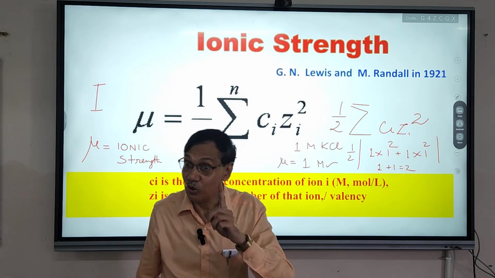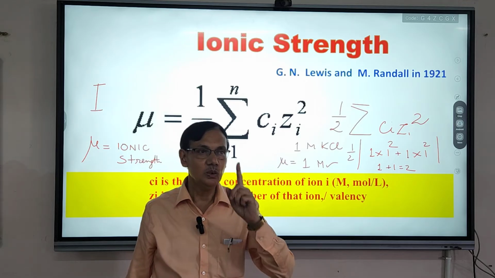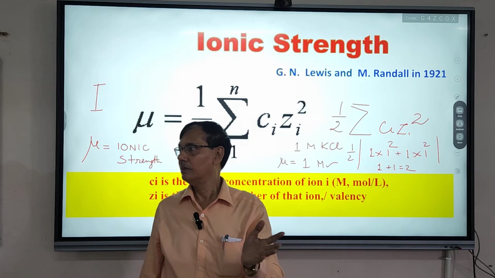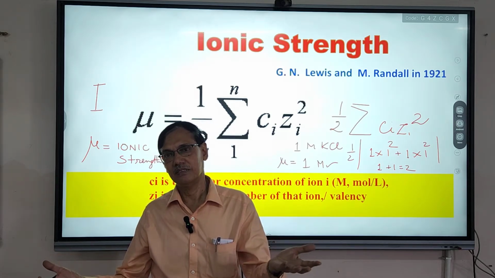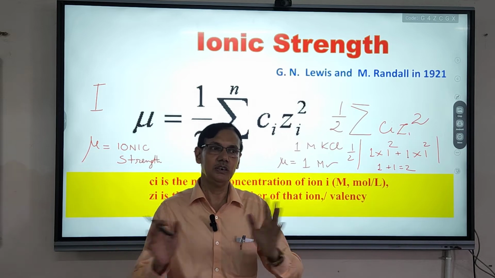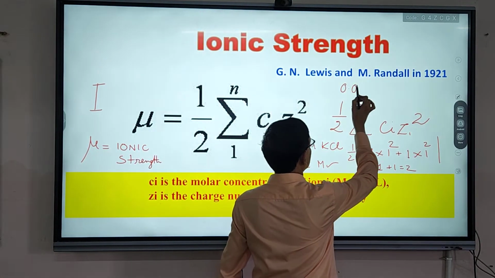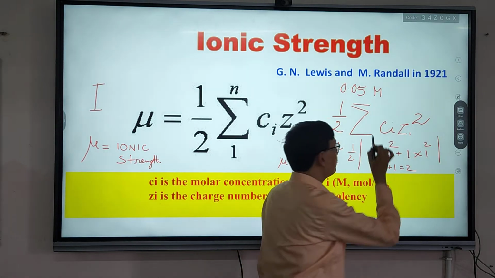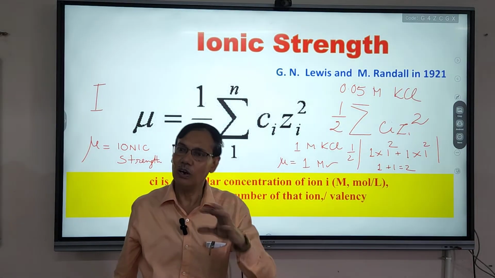So it is a thumb rule also. That means for a univalent electrolyte, the concentration is equal to the ionic strength. You need not be worried, you need not calculate. Suppose I am giving an objective type question, MCQ: what is the ionic strength of 0.05 M KCl? You have to write 0.05.